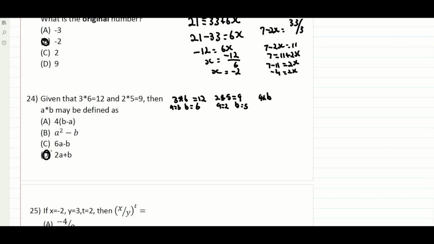So you would take each operation that they give you here and substitute these two values, and you have to get either 12 or 9. The only one that worked out was 2A plus B. If you put 2 by 3 plus 6, you would get 2 3s are 6, 6 plus 6 is equals to 12. And if you put 2 by 2 plus 5, you'll get 4 plus 5 is equals to 9. So it does work out. So we know that the answer would be D.